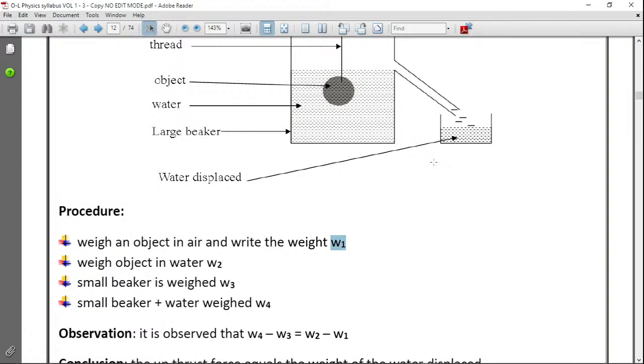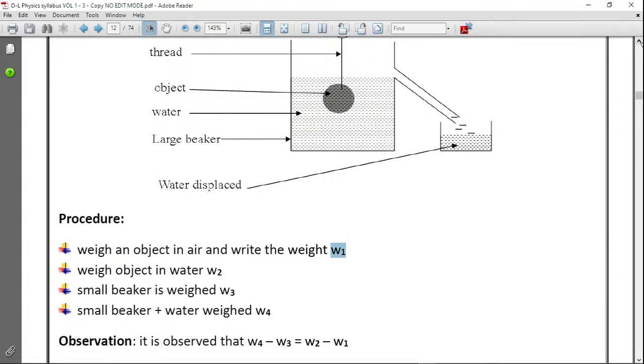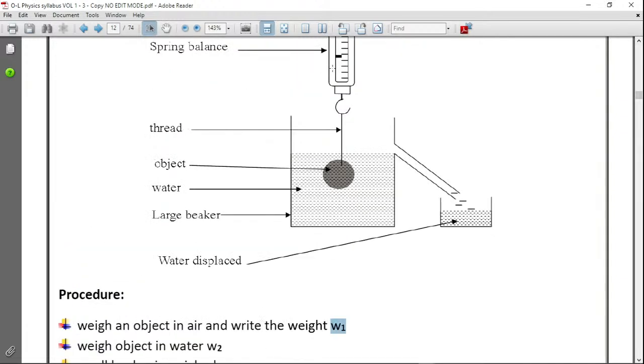So you weigh this empty small beaker first, then you place it here, after the water has come out. At this point no water will drop inside. Then you gradually lower this object inside this can, and in lowering it, it should still be suspended on this spring balance. Lower it gradually.